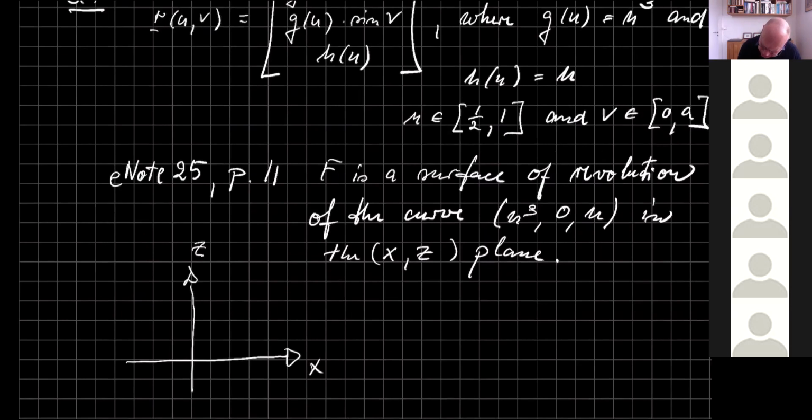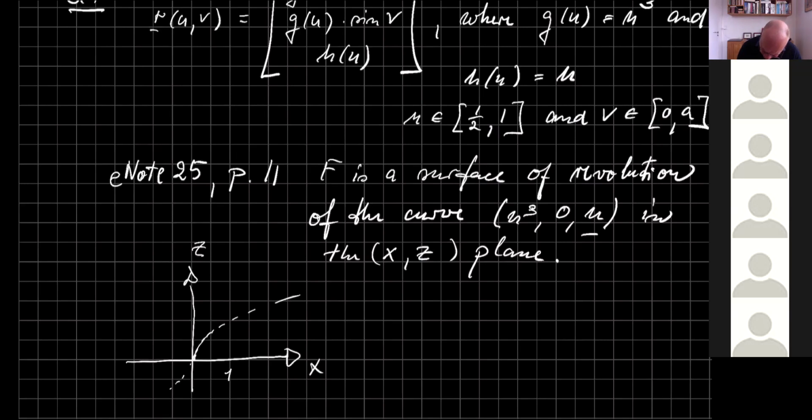You see z is equal to u, and then x is u cubed. So if this is 1 here, it will look something like this.